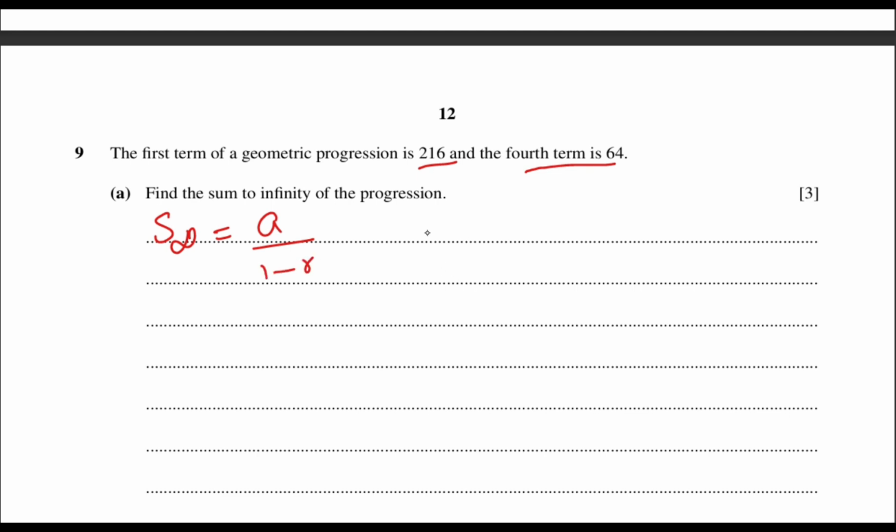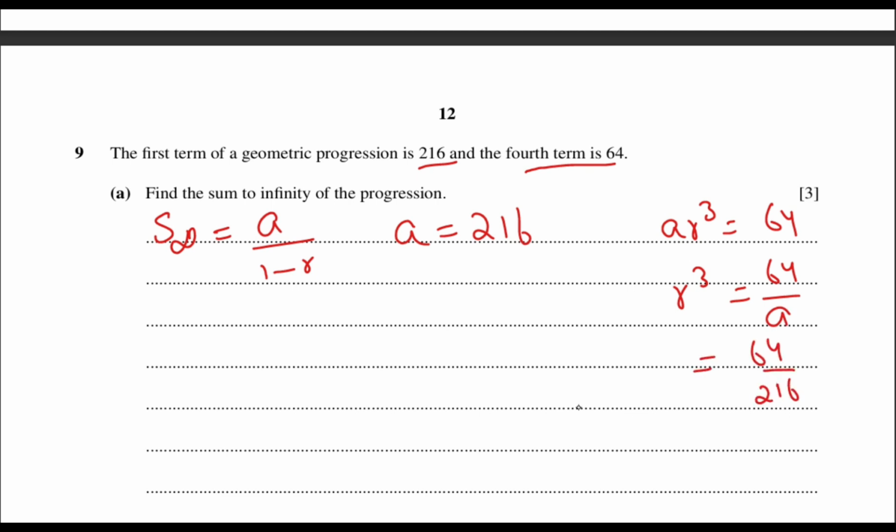We know a is equal to 216, our first term, and the fourth term is ar cubed, which will be equal to 64. r cubed will be equal to 64 divided by a, and a is equal to 216. So 64 over 216 will give us r cubed. By taking the cube root, we will get 4 over 6. It will be 2/3.